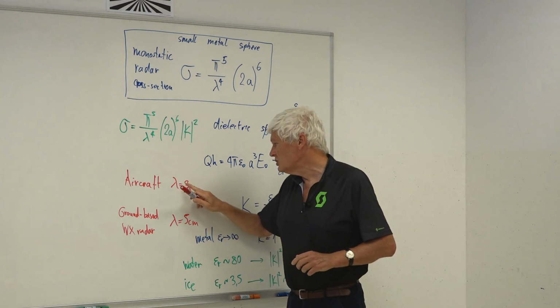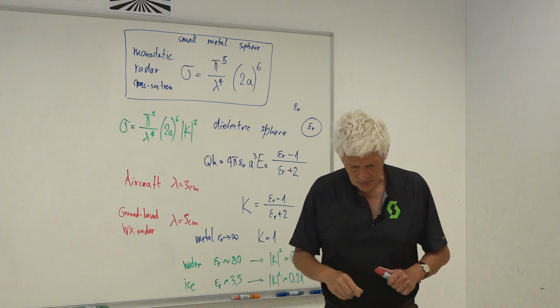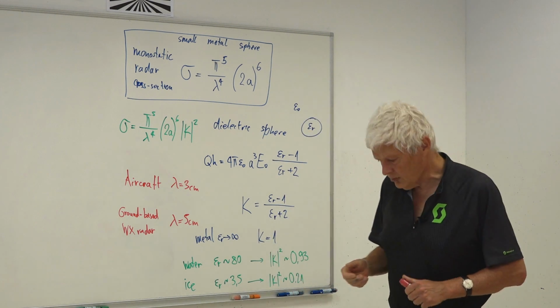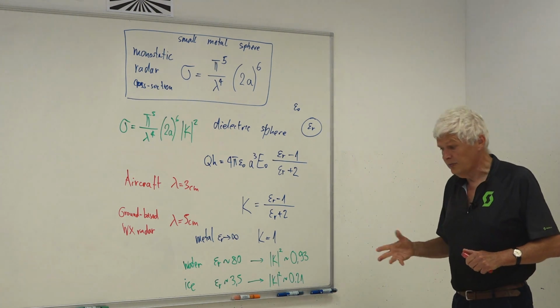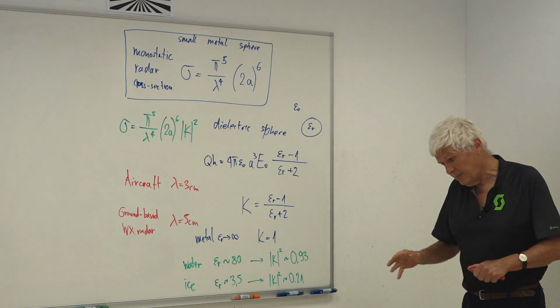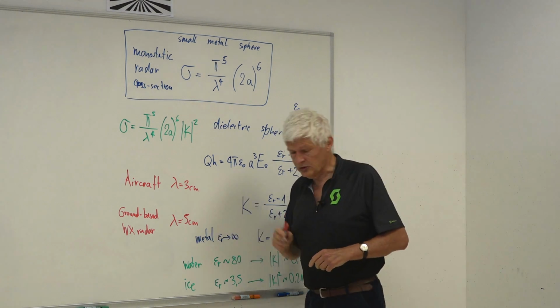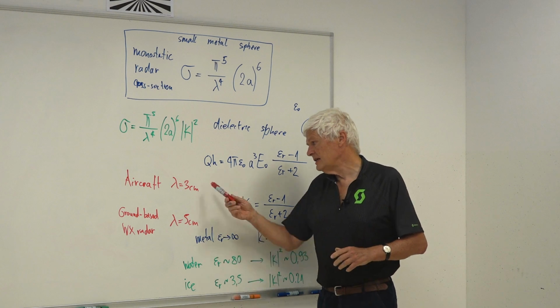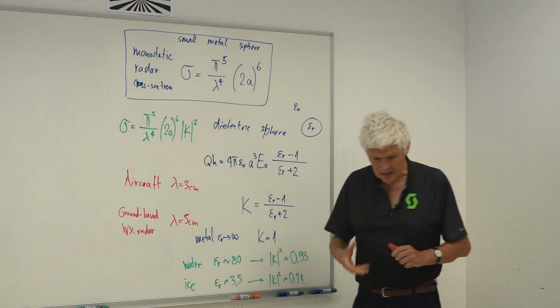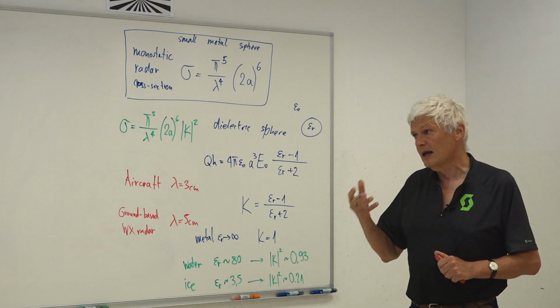In fact, the choice of 3 centimeters for aircraft is a historical one. Such radars were installed on aircraft already in the Second World War for navigation, for bombing aiming, for military purposes. And they were also used for weather. Nowadays, pilots are trained to use a 3 centimeter radar, and that's the usual radar they have on their aircraft.